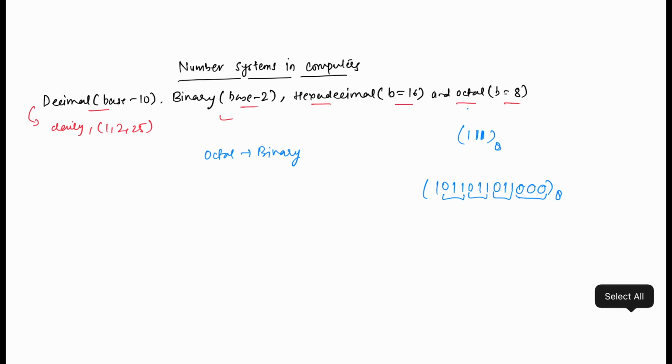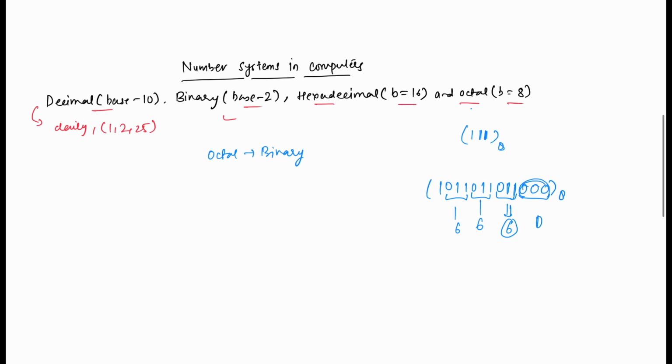So if I say 000, it's the binary equivalent of 0. If I say 011, it's the binary equivalent of, I guess, 6. Here also it will come to 6. So you have to make groups of 3 binary digits to convert octal to decimal number.